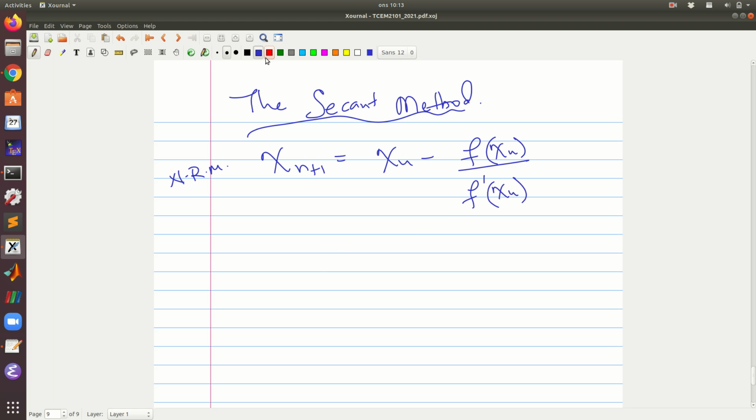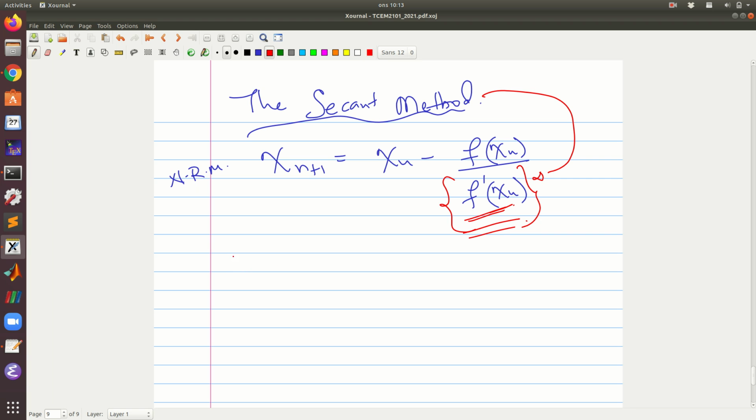Now the secant method says that we will avoid computing the derivative of the function, and this comes in handy for some functions which are complicated, which we cannot solve, or for which we cannot get an expression for the derivative.